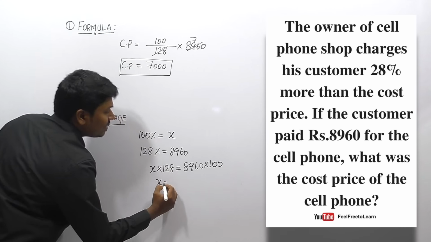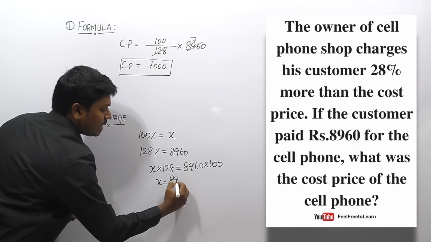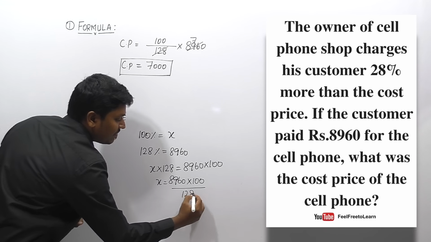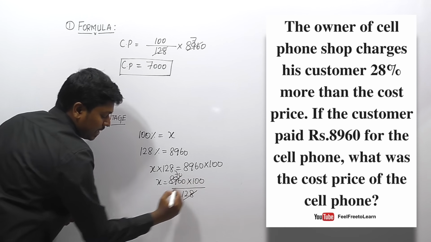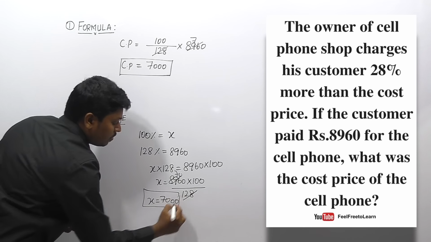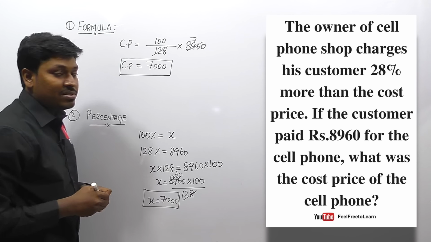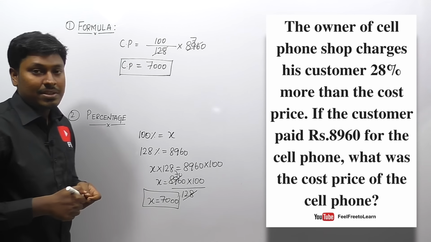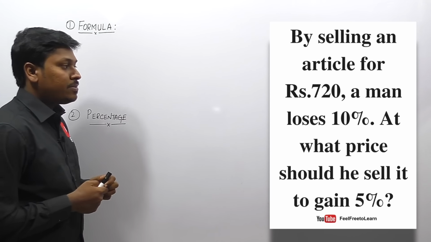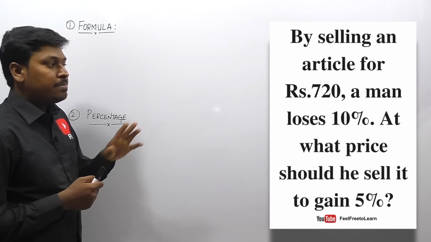Similar to the previous pattern, friends, this can be written as 8960 into 100 divided by 128. When we cancel this, 70, so 70 into 100 will be 7000. So finally, in both the cases, we got the answer, that the cost price of the mobile phone will be 7000.